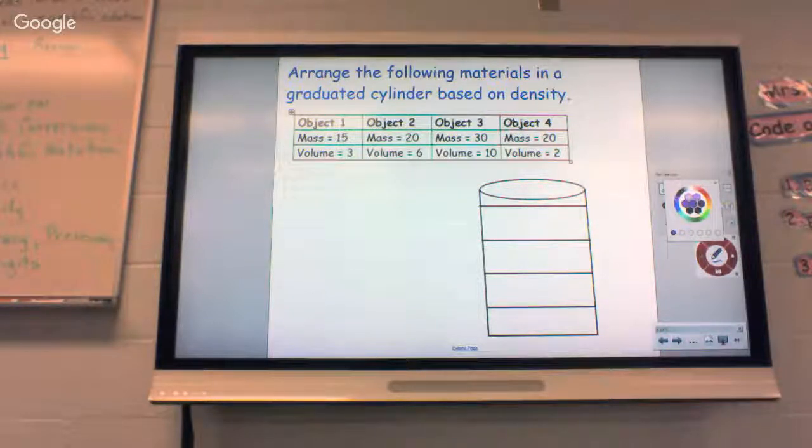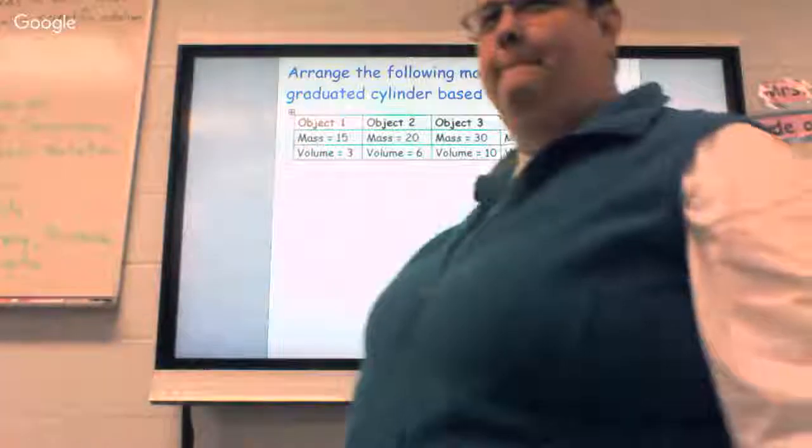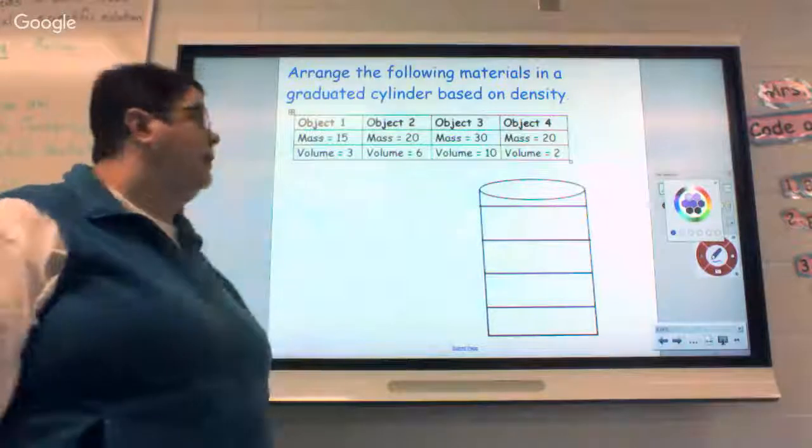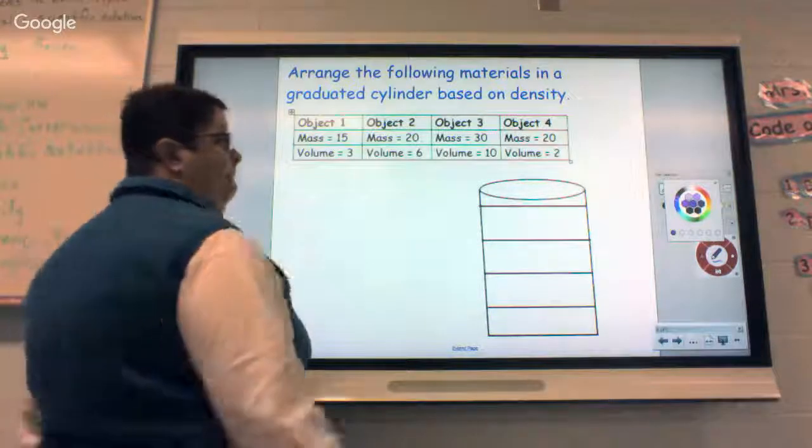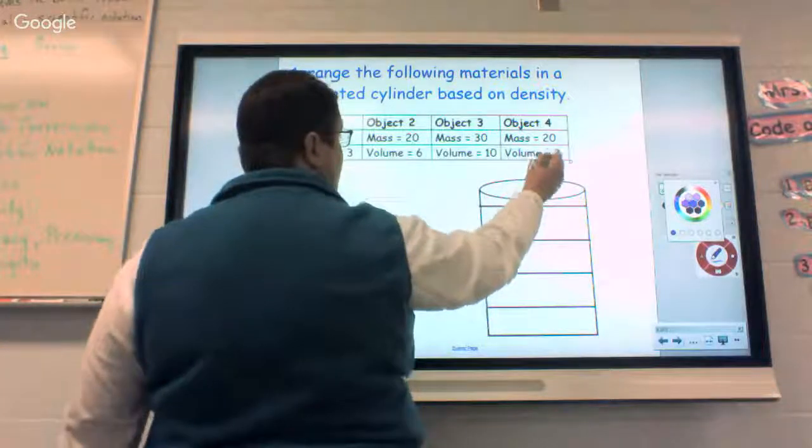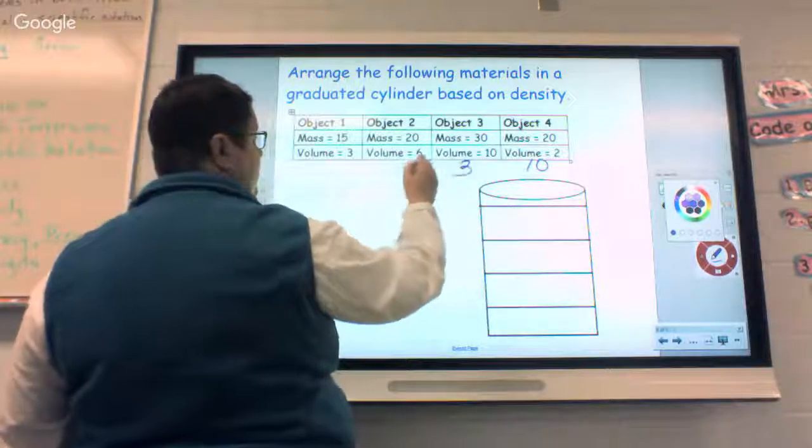Okay, so we go to the top. Who's going at the bottom then? Let's figure it out real quick. You don't have to actually write it down. She said which one was going at the bottom. How do you know? All right, that one's 10. This one's what?